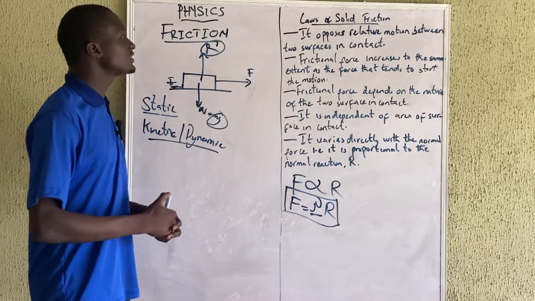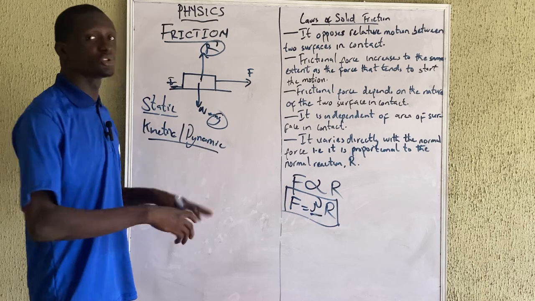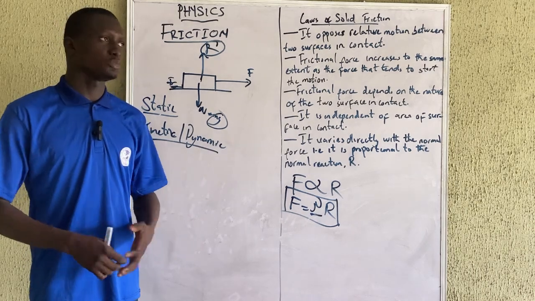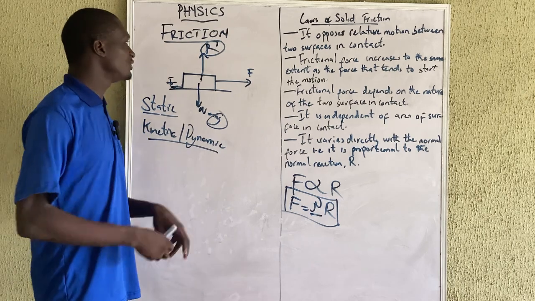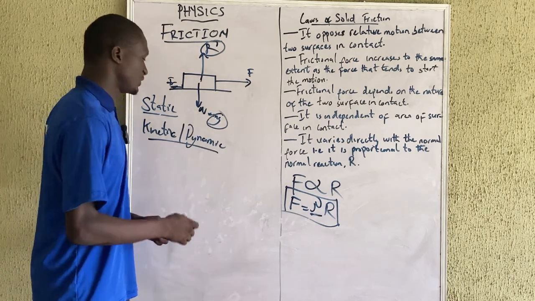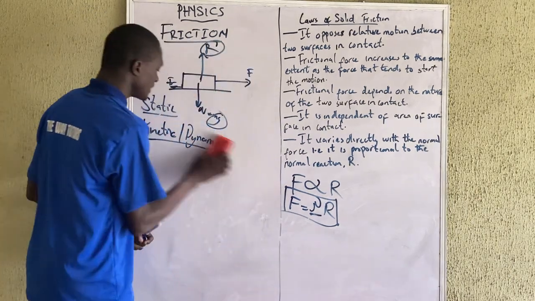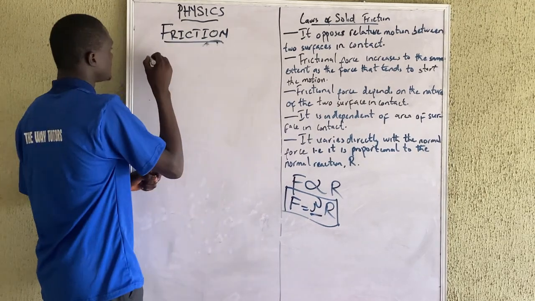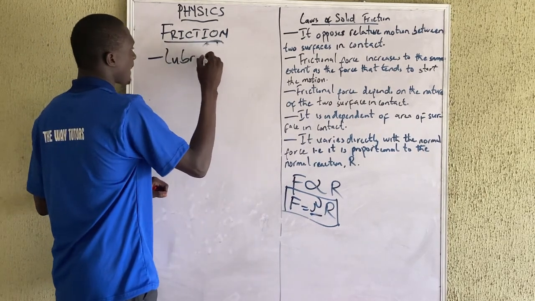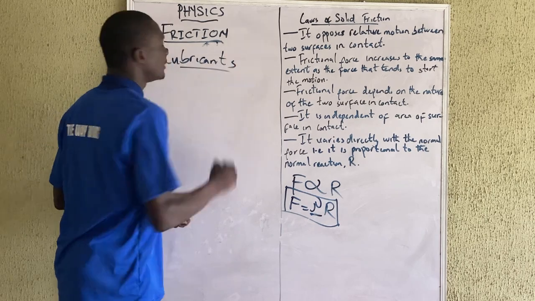All right. So let's talk about ways of reducing friction, because too much friction is not good, and much less friction is also not good. So how can we reduce friction? Friction can be reduced, one, by use of lubricants.